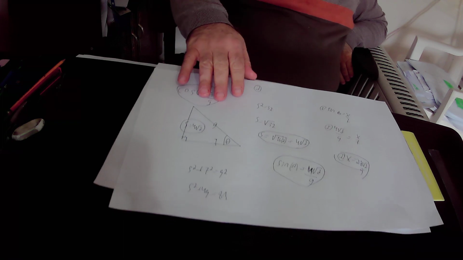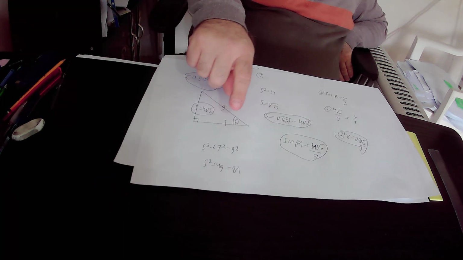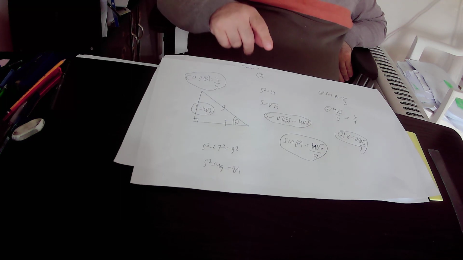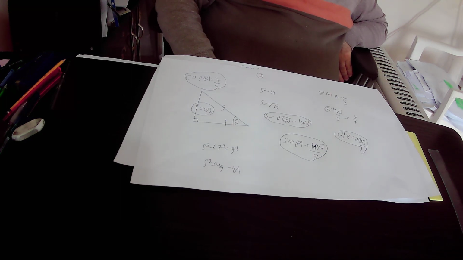We subtracted 49 from both sides and we got that s squared equals 32. We took the square root, and we got that s equals the square root of 32. 32 is 16 times 2, and the square root of 16 is 4. So in conclusion we found out that s equals 4 times the square root of 2.